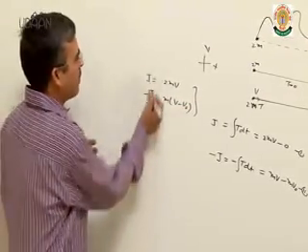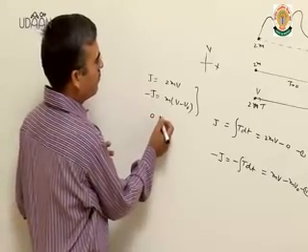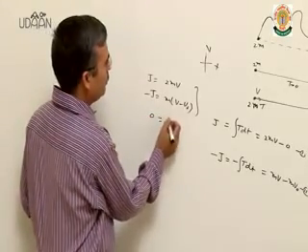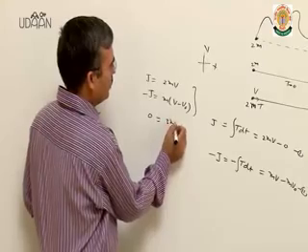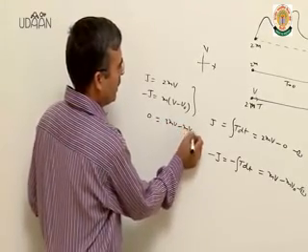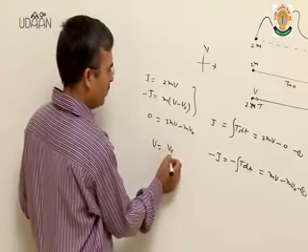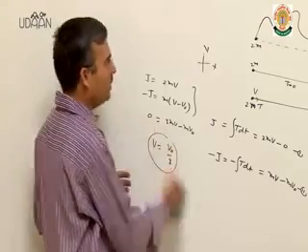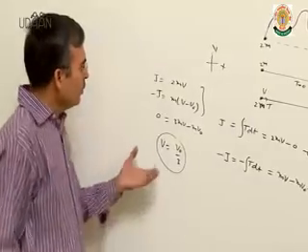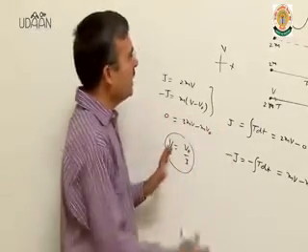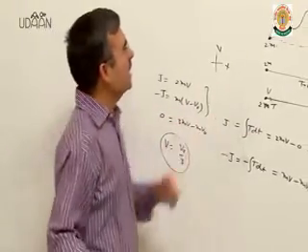Very good. So you will get 0 equal to 3mv minus mv naught. So v equal to v naught by 3. Clear? So at what speed will both bodies move along the thread? They will move with v naught by 3.